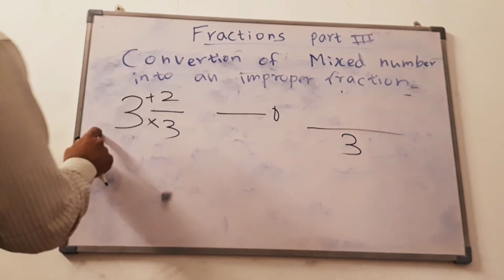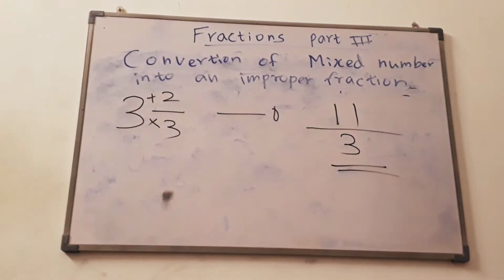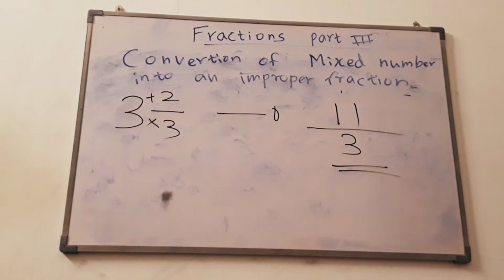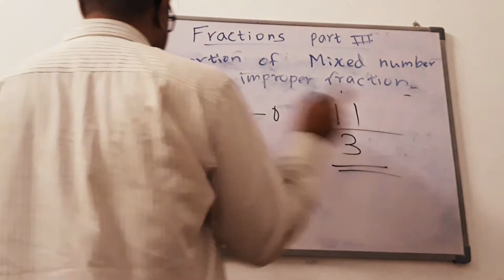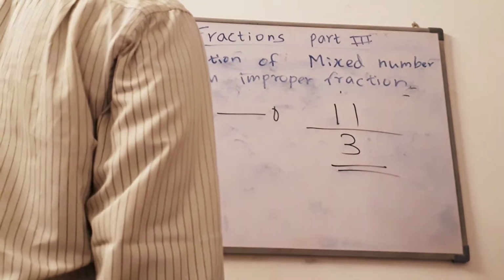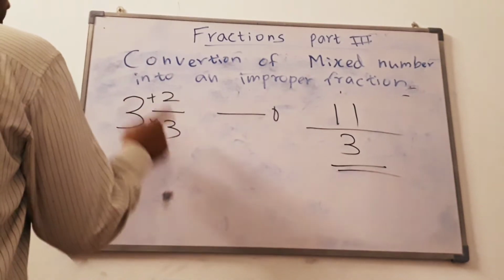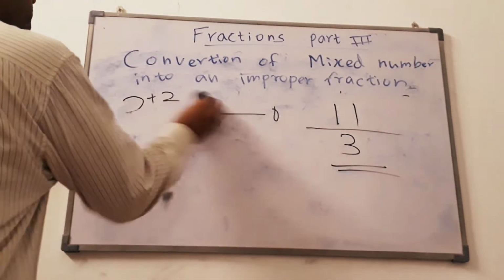So 3 times 3 is 9, 9 plus 2 is 11. This is the improper fraction after converting the mixed number. 3 remains the same. Denominator remains the same. Numerator changes.